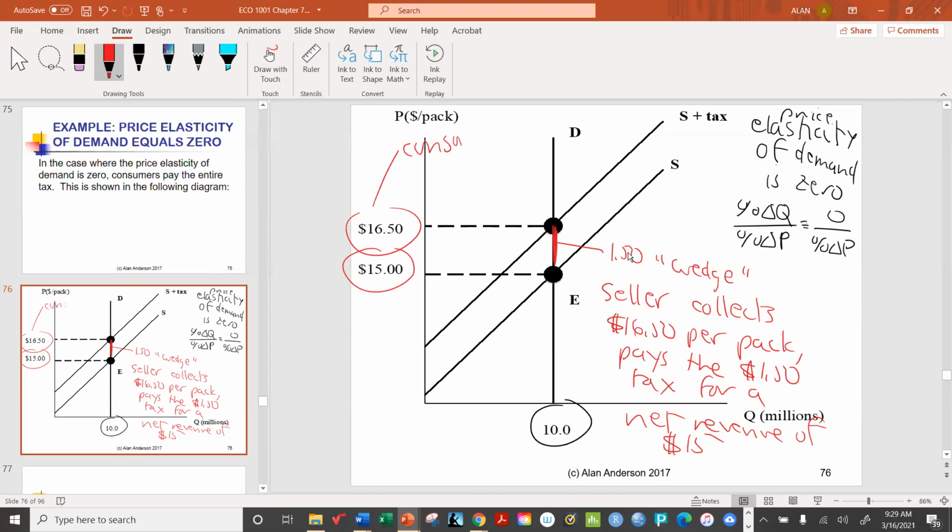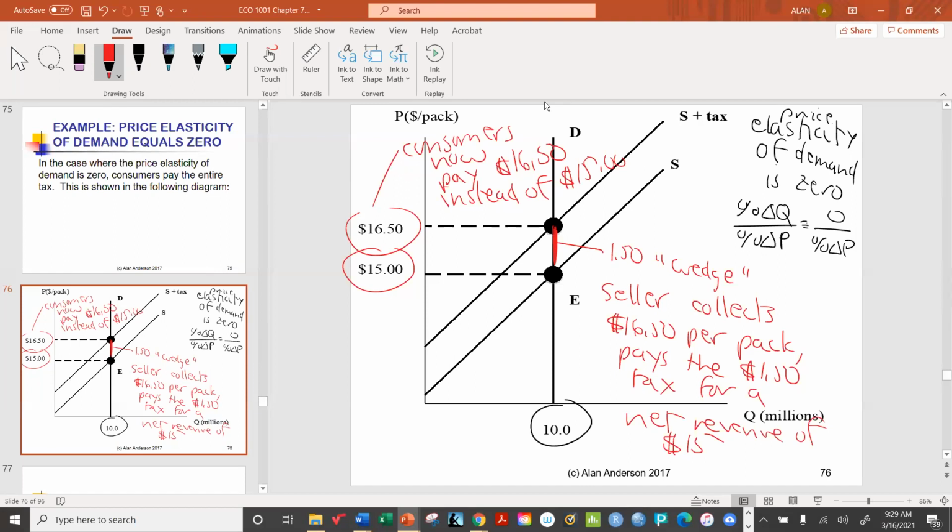Consumers now pay $16.50 instead of $15.